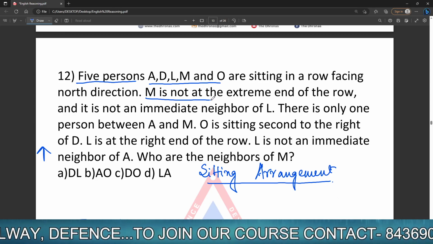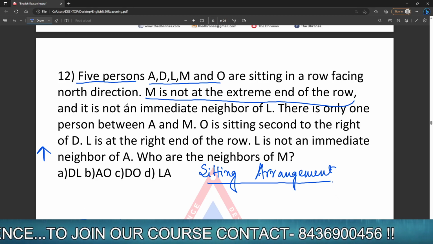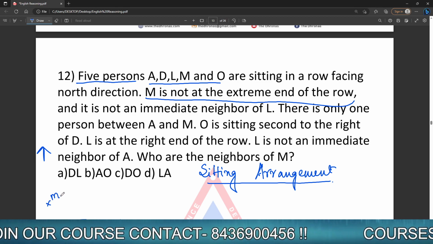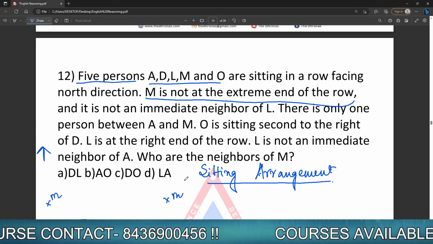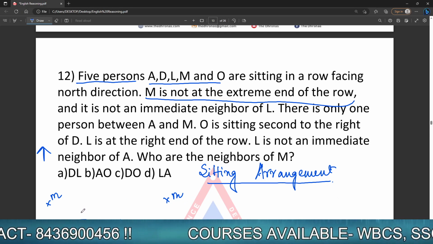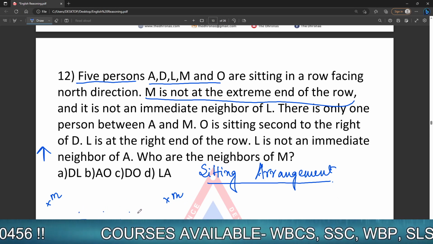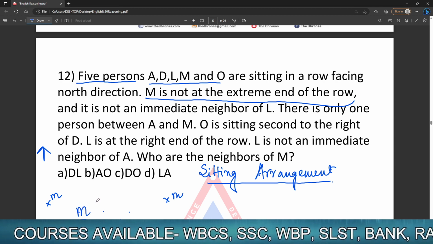M is not sitting at extreme end of the row. That means M should not be here. So the possible case for M should be either this one or this one. So we can write M can be here.